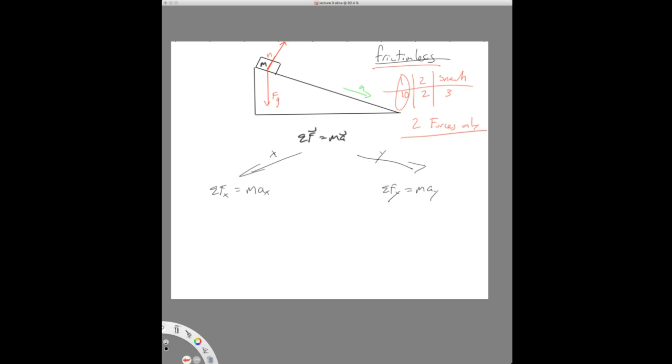And if we look at the vector a up here, we can see clearly that it has an ax and an ay. So that's what we're referring to, the components of that acceleration vector.